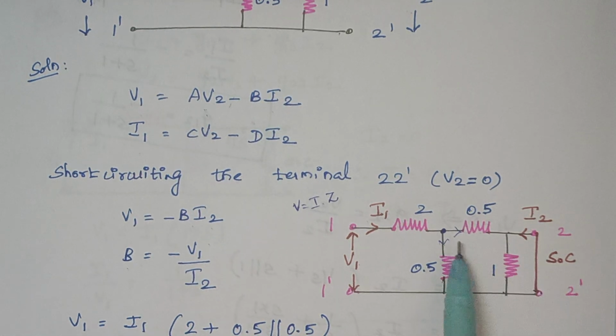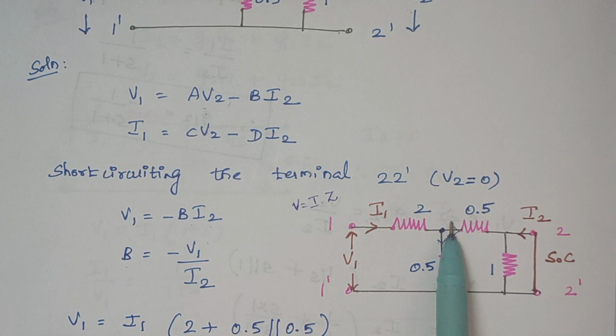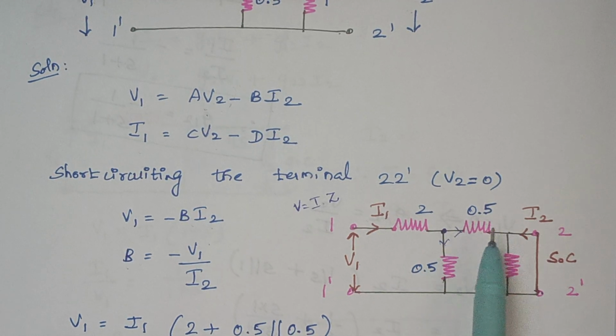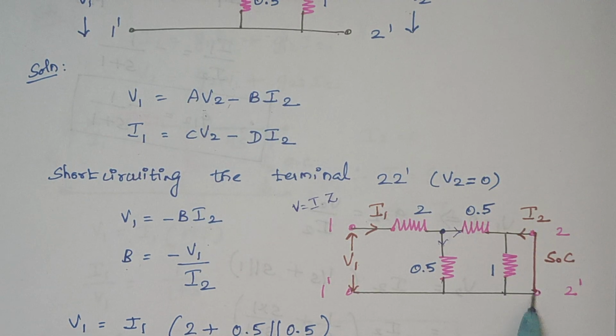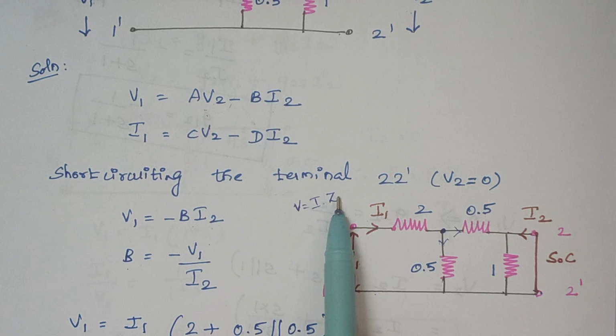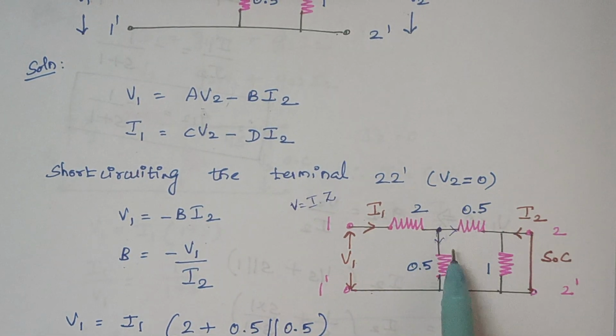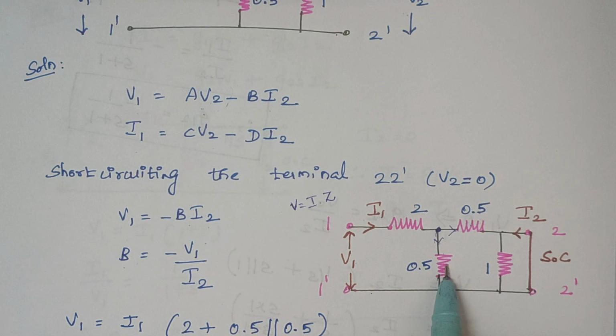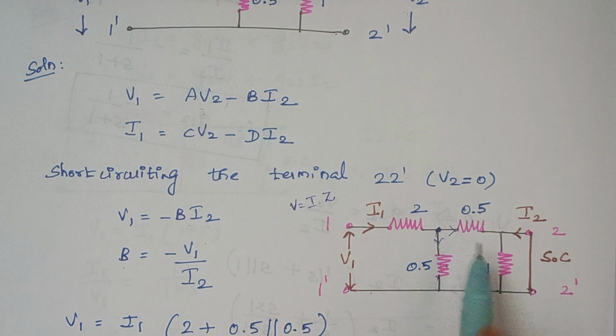So the current that flows through this 0.5 ohm will directly flow through this short circuit path and return back like this. Therefore, to find the impedance, at this node these two resistors are connected in parallel, because the current gets divided.